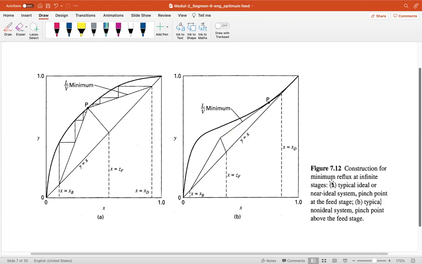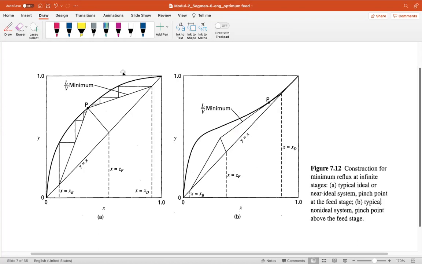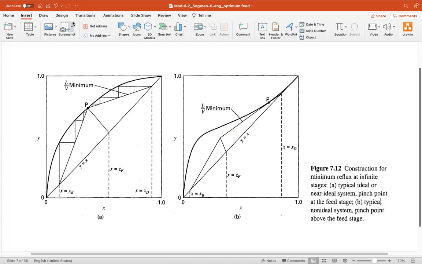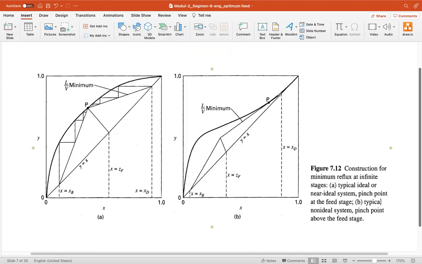But what happens if we have a non-ideal stage? If it's a non-ideal stage like this, this is a curve of ethanol and water. It looks like this. How do we determine the stages when it is infinite stages? How to find it? To find it, we have to draw a line.